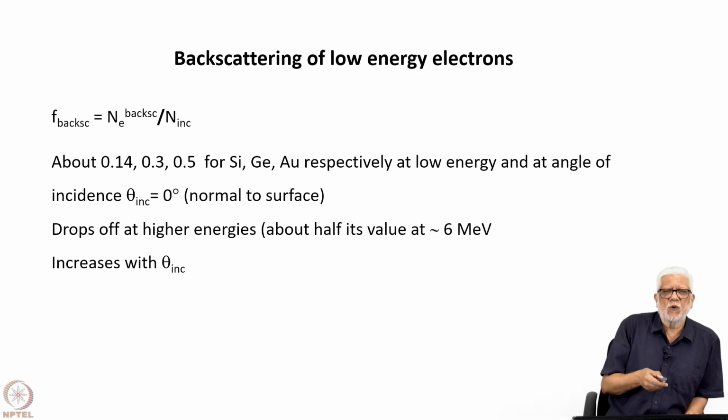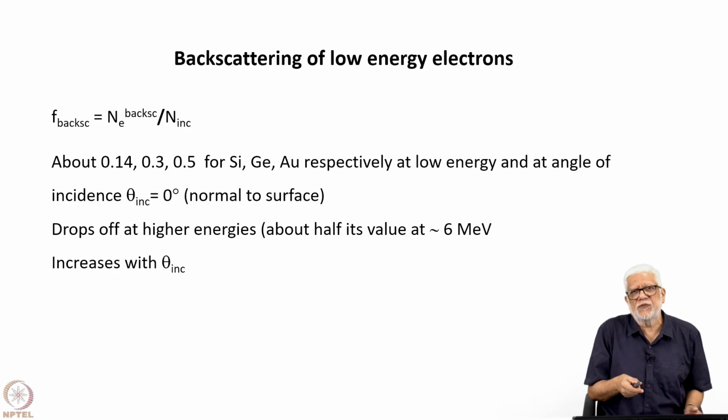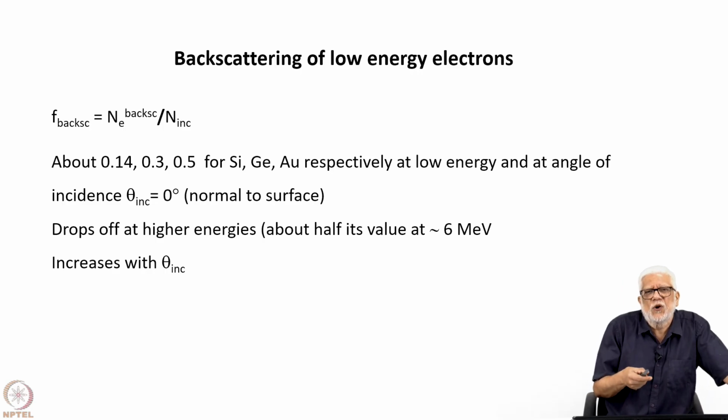Okay, one small point: when you consider low energy electrons, there is also something called the backscatter of electrons, and this is important when you look at, let's say, the spectroscopy of conversion electrons in nuclear physics, or low energy electrons in general, of the order of between 0.1 and a few MeV.